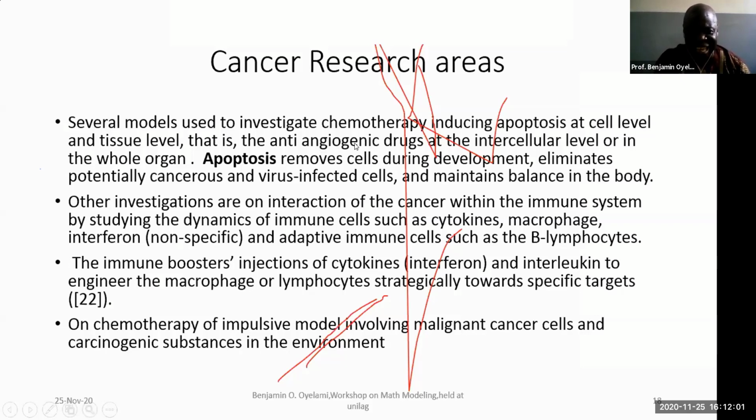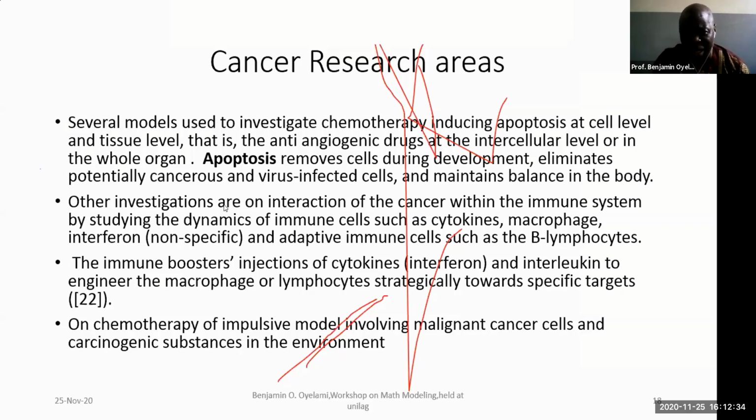The process of angiogenesis simply means formation of blood vessels within the system. For example, cancer is connected to the system of the patient, and there are blood vessels from the cancer that drain nutrients and also oxygen from the patient.